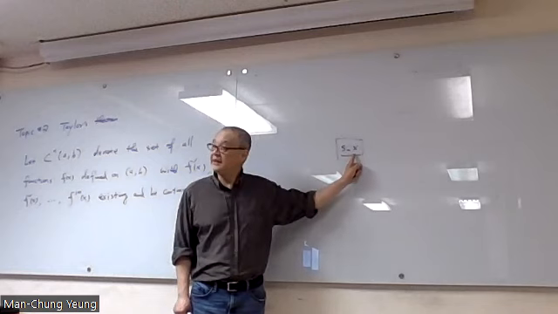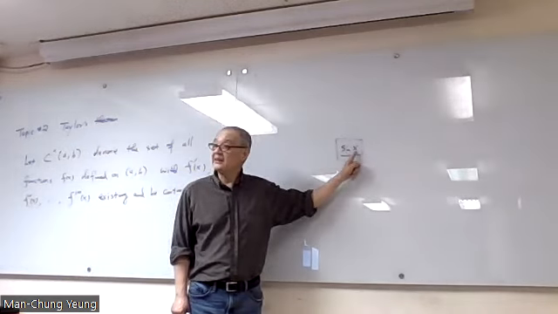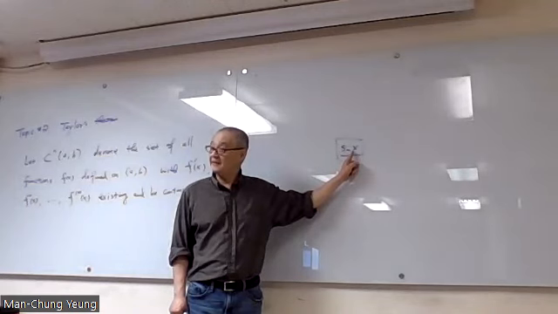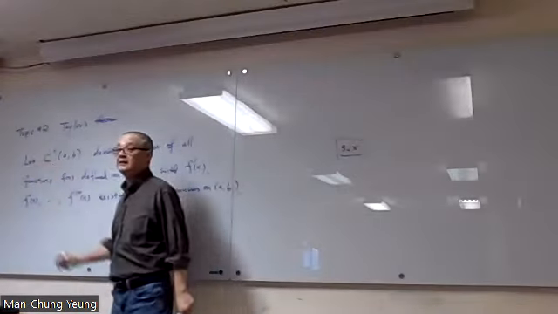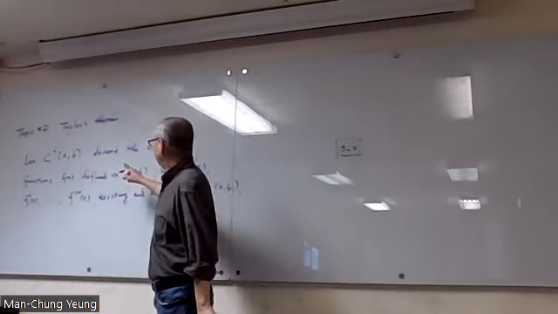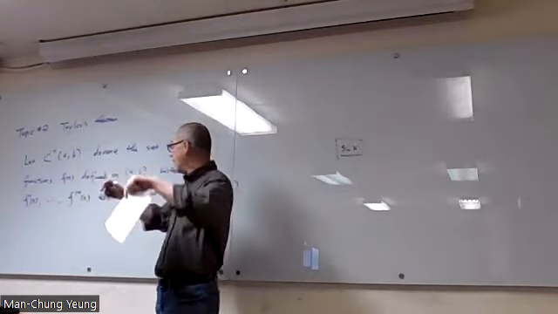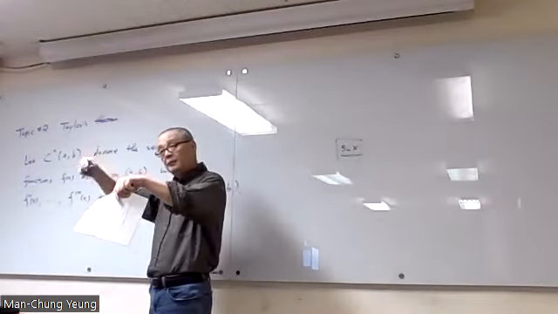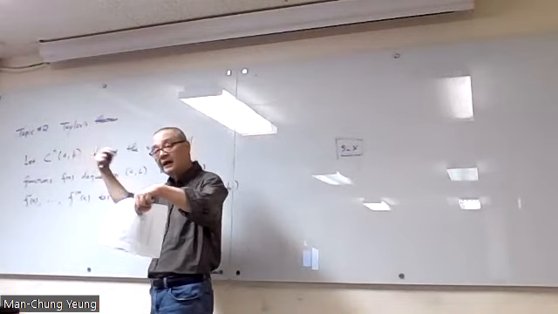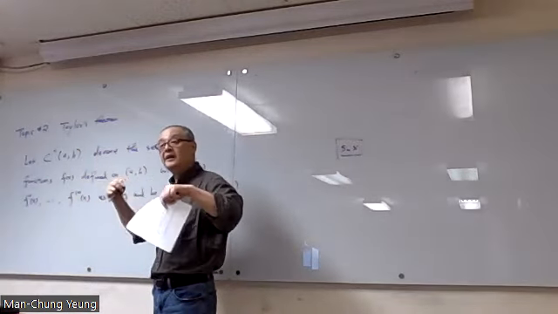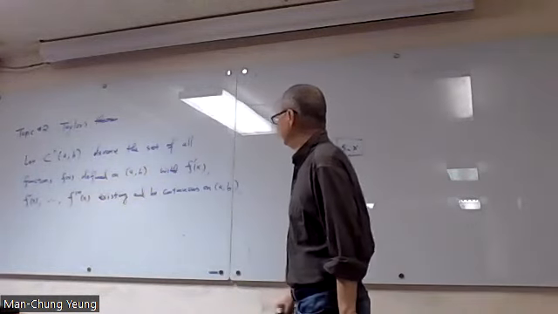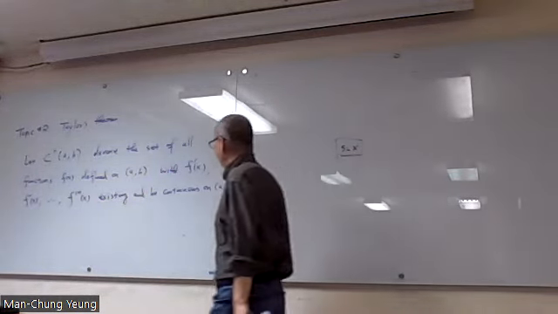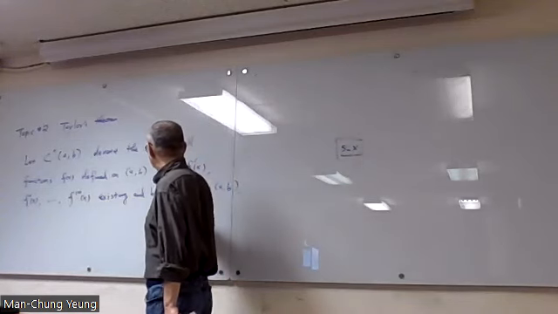Derivatives all continuous. And this function is actually defined from negative infinity to positive infinity. So this function is in this set. This set is the functions defined on (a, b) with derivatives up to order n, all continuous.